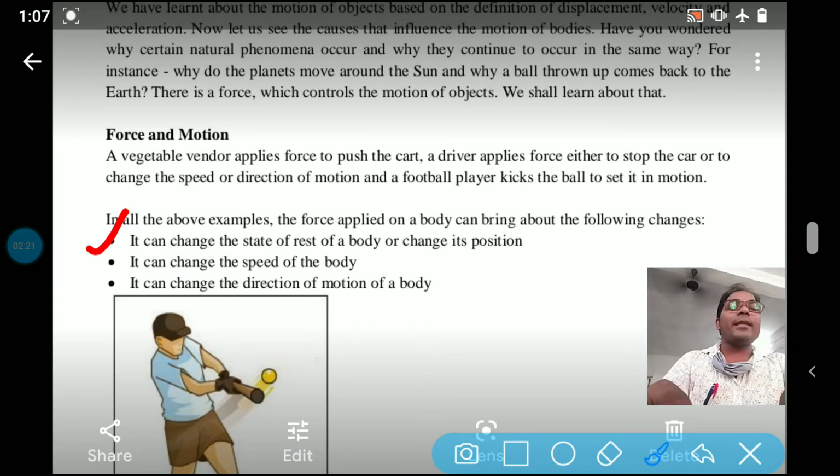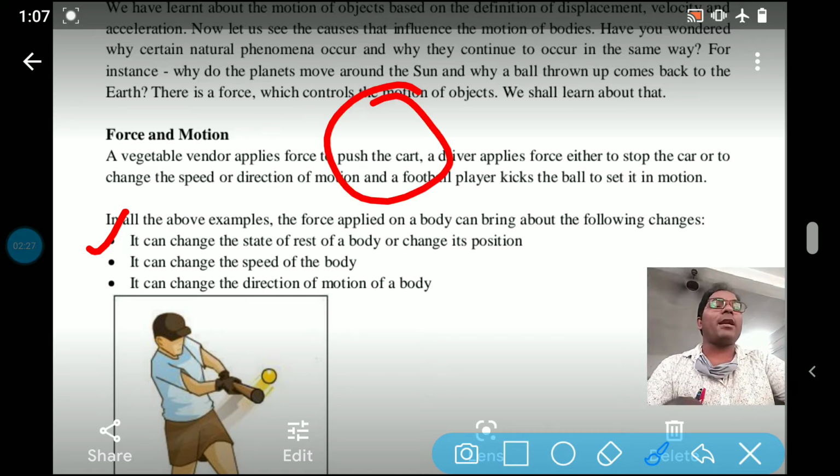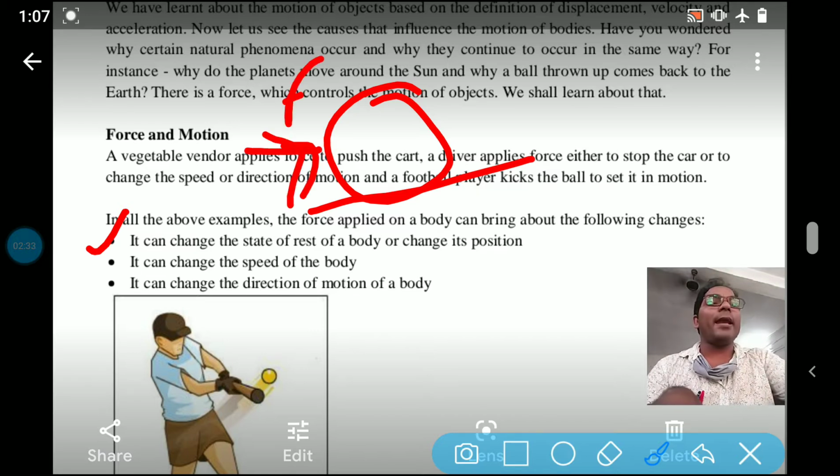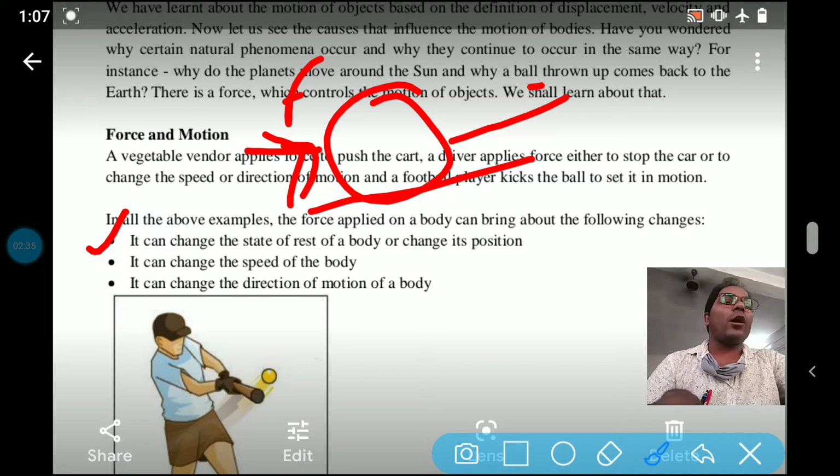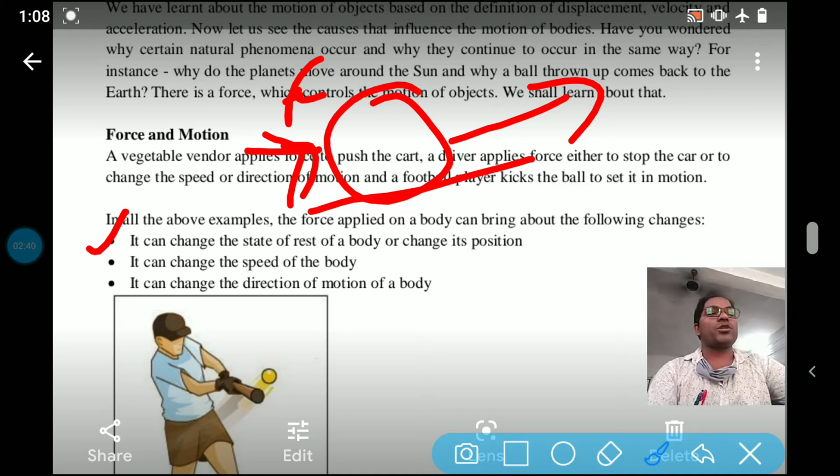Number one, it can change the state of rest of a body or change its position. Suppose an object is at rest, and if a force is applied on this object, then the object will start to move. So a stationary object is going to move, and only force can do it.